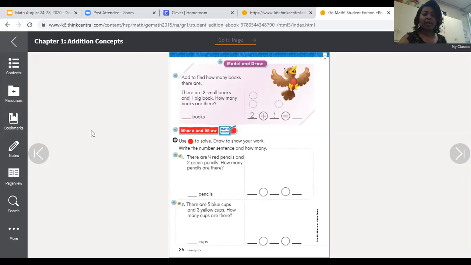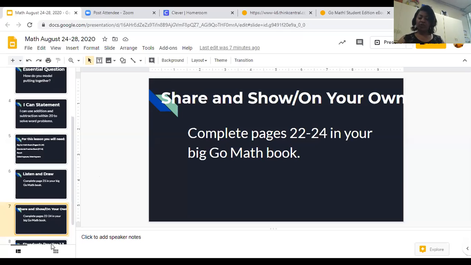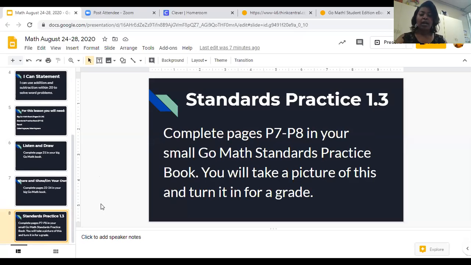You are going to complete what remains on your own, pages 22 through 24. You're going to complete those pages, all right? And then when you finish, I need you to go to your standards practice book. That's the one that has the P in front of everything.